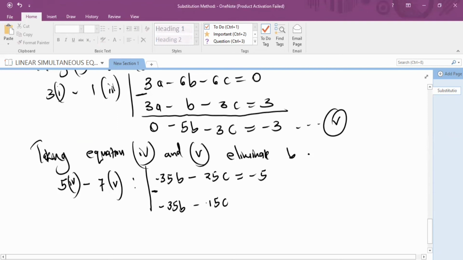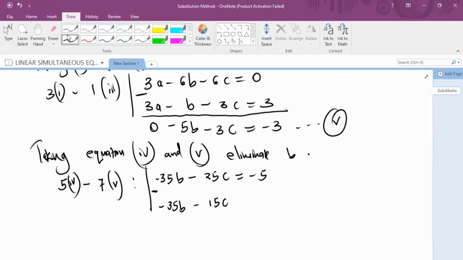Multiplying this with 7, we'll have minus 21c. And this is equal to 7 multiplied by this, that will be minus 21.